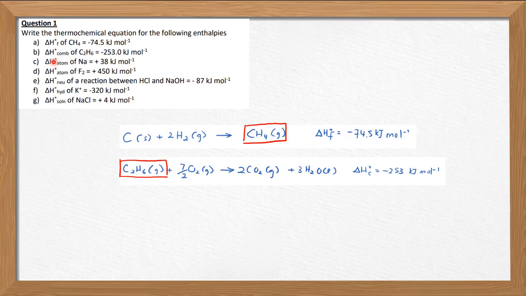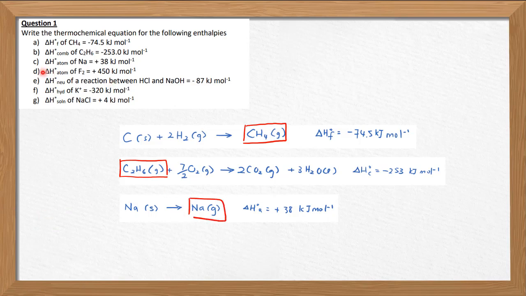And next, we have the enthalpy of atomization of sodium. Given here is the heat absorbed, positive sign. So the heat absorbed when 1 mole of the gaseous atom is formed from its element. So in this case, our focus will be the product when 1 mole of the gaseous atom is formed. So here's our focus.